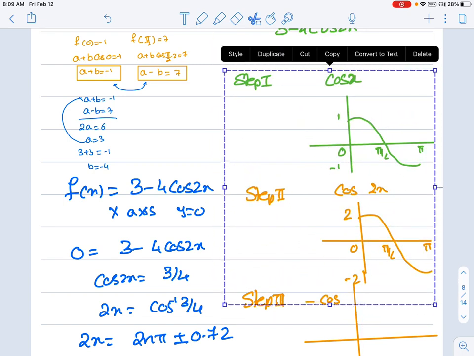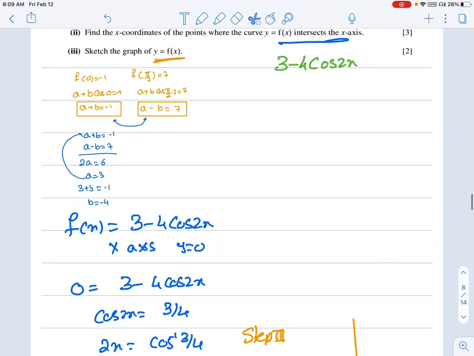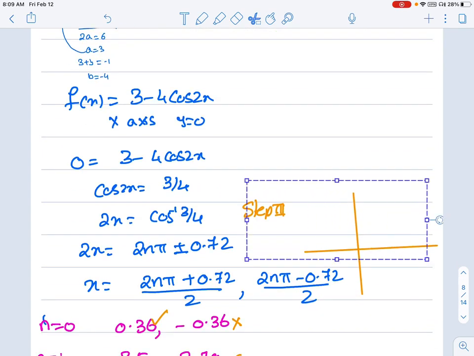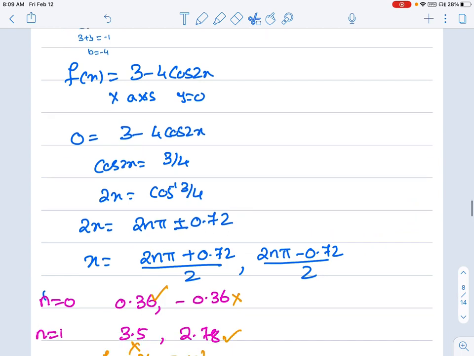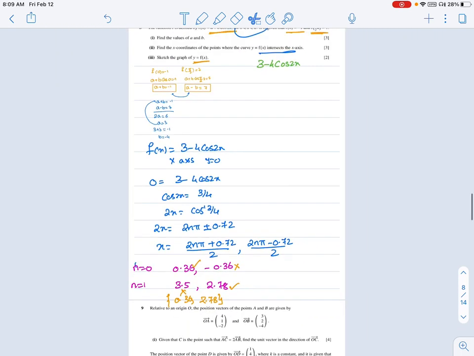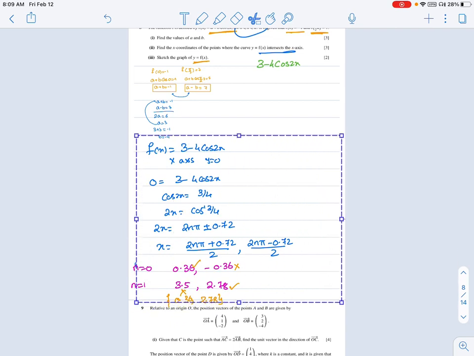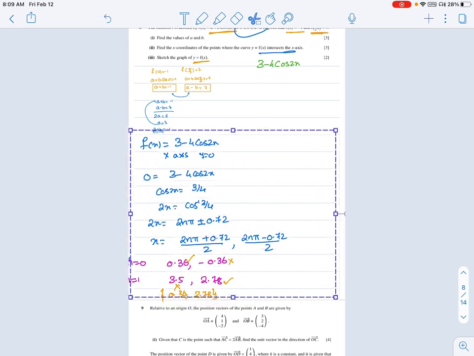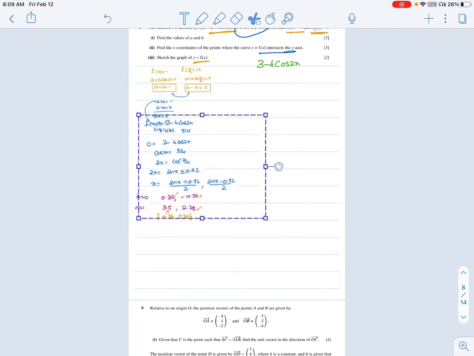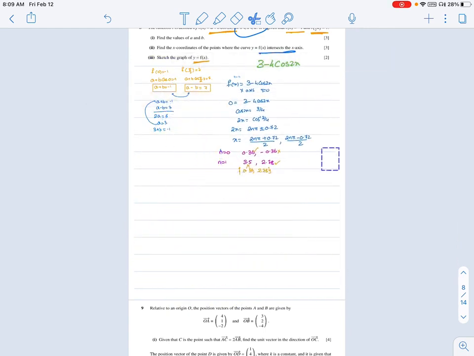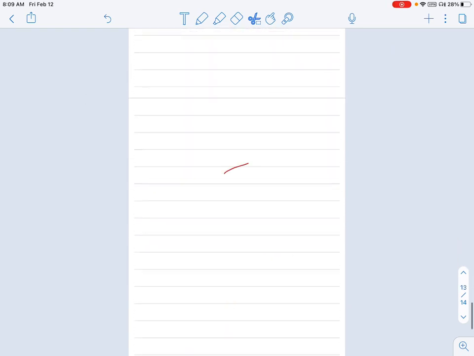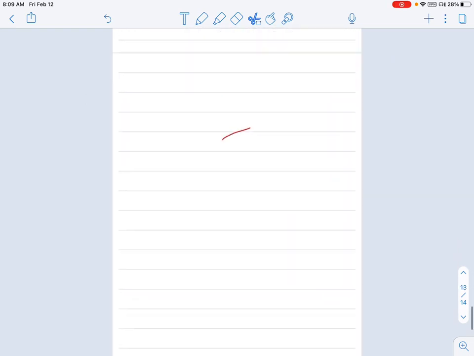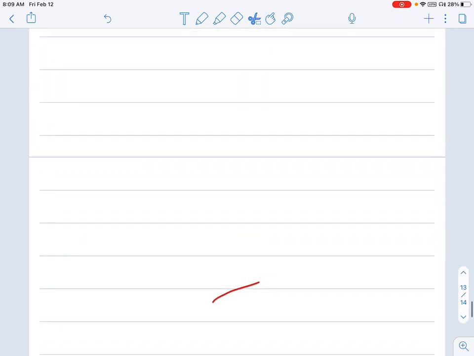Okay, so I cut this because of lack of space. Let me redo this part. So first I'll complete this one. I'll do it at the bottom of the page, so that I have sufficient space.